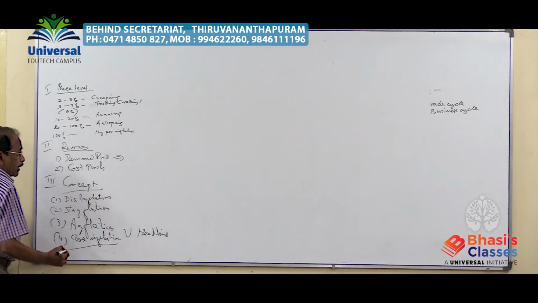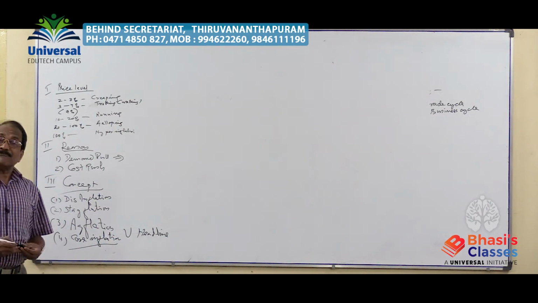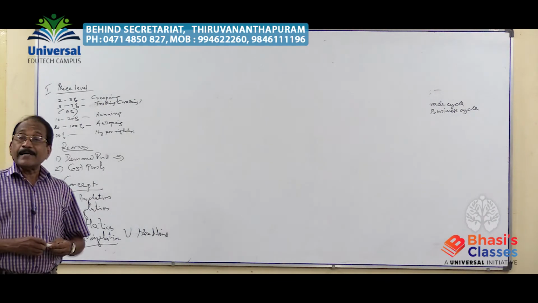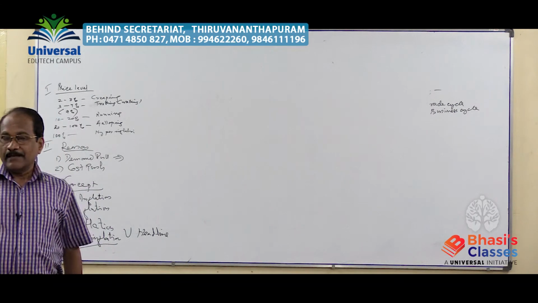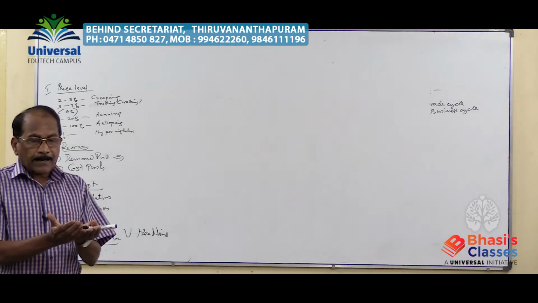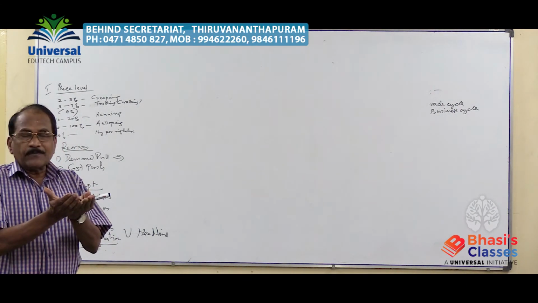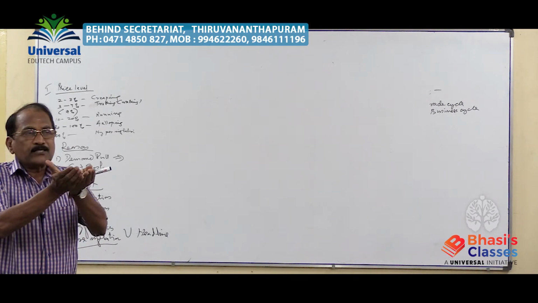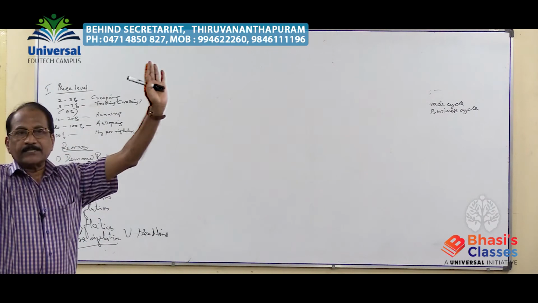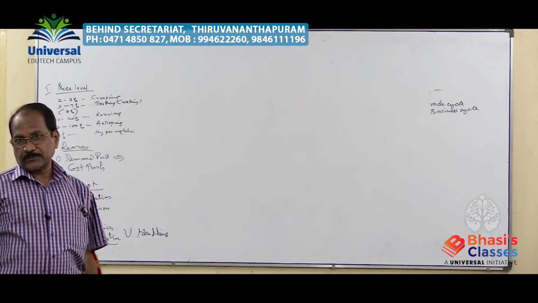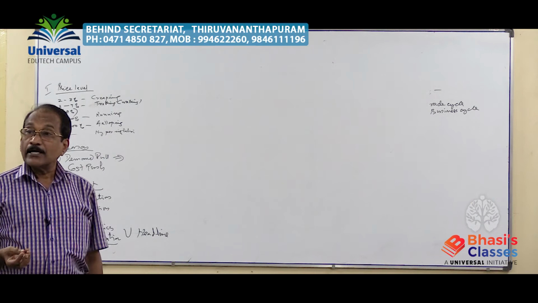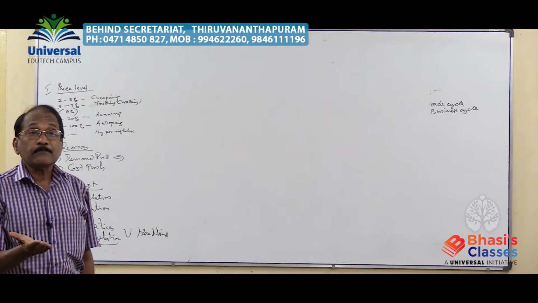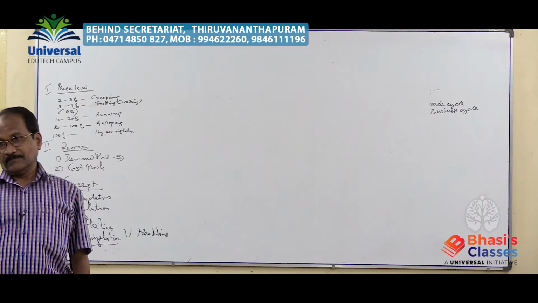Core inflation. Core inflation means inflation in industrial manufacturing commodity prices. When you find that industrial commodity, or we may say manufacturing commodity prices, are going on increasing, it is called core inflation. Core inflation may be due to the wholesale price index number going on rising.